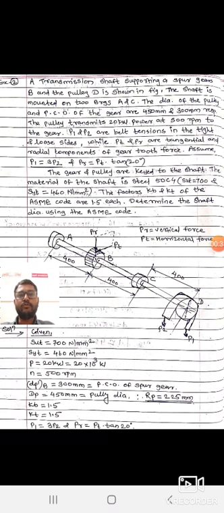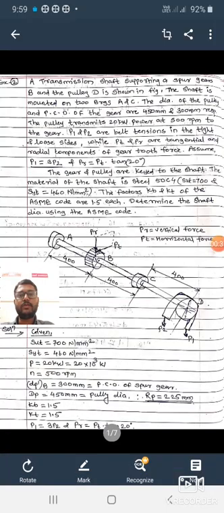The diameter of the pulley and pitch circle diameter of the gear are 450 mm and 300 mm respectively, and the pulley transmits 20 kilowatt power at 500 rpm to the gear.